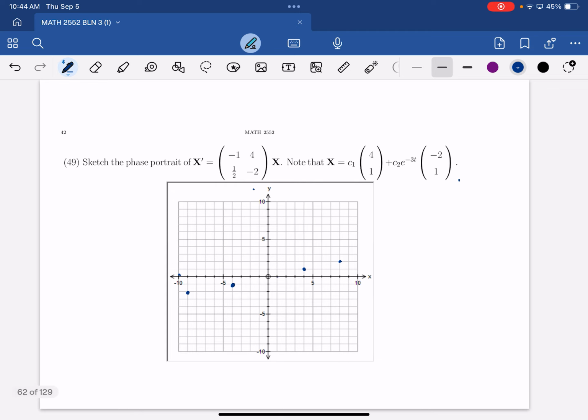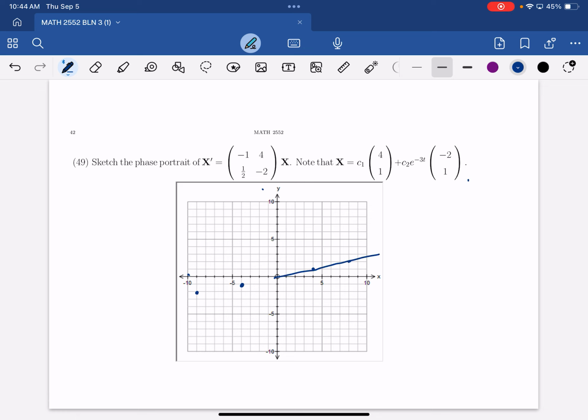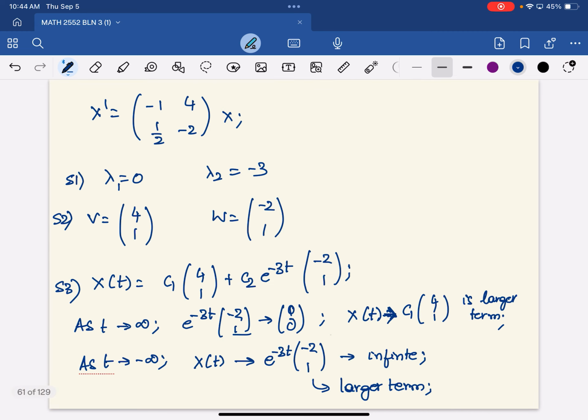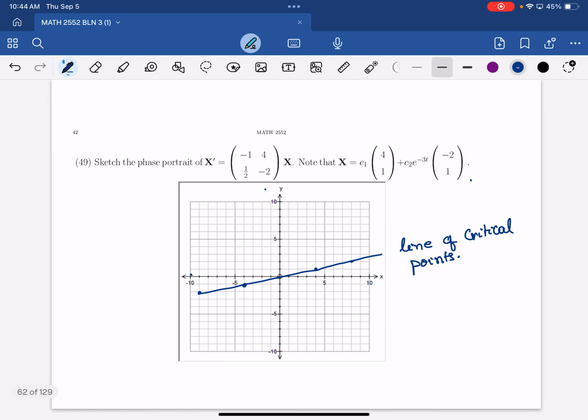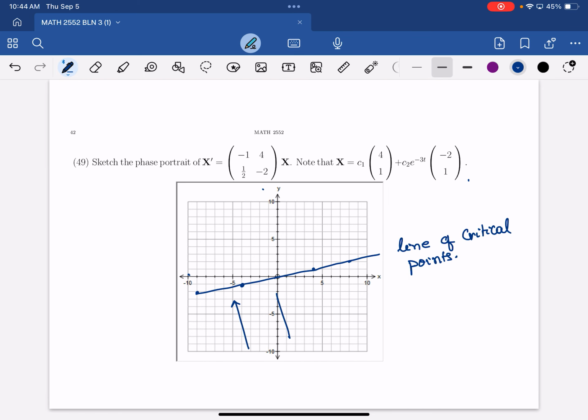So my line of critical points is that. And as t goes to infinity, everything is going to the line of critical points, so you are graphing it like that. You with me on that?